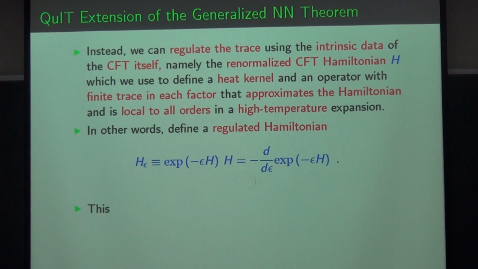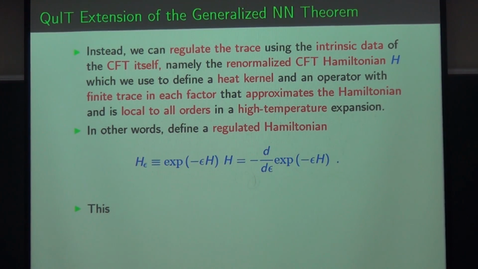So the point is, you can think of this e to the minus epsilon H as, roughly speaking, the identity restricted to states with energies lower than 1 over epsilon. That's what the heat kernel is. So it's a cutoff on these traces, but we don't have to regulate and renormalize the theory all over again.